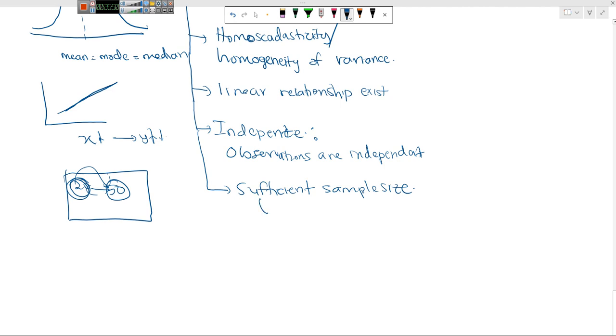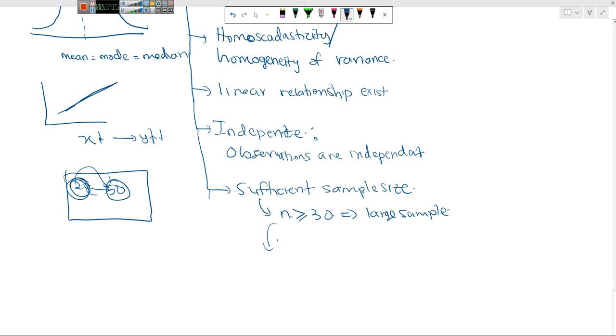We consider n greater than or equal to 30 as a large sample, because if we have a small sample, we cannot perform the parametric test effectively, because the variance will be high and they have some potential issues also.